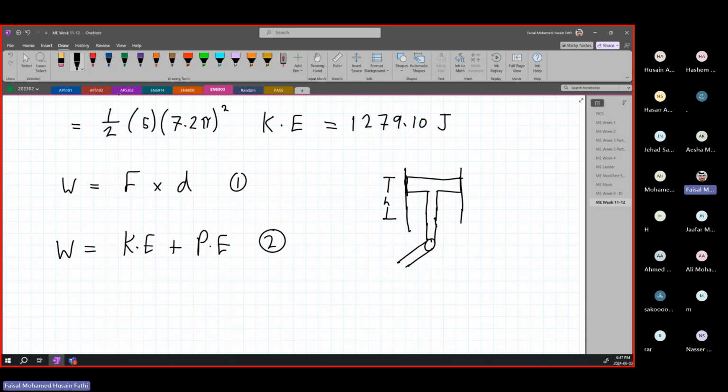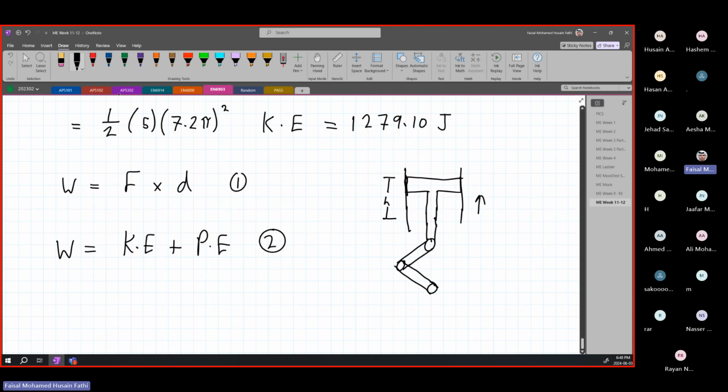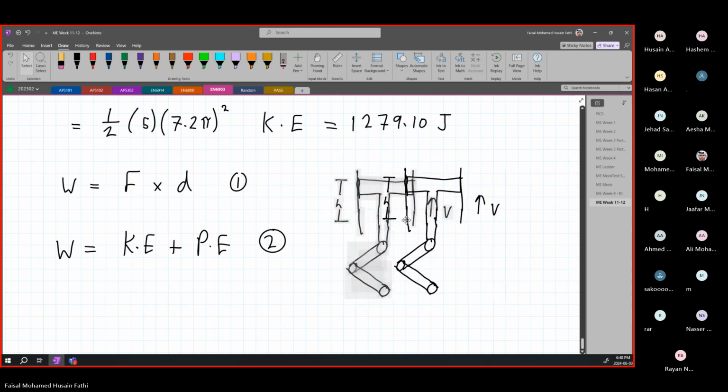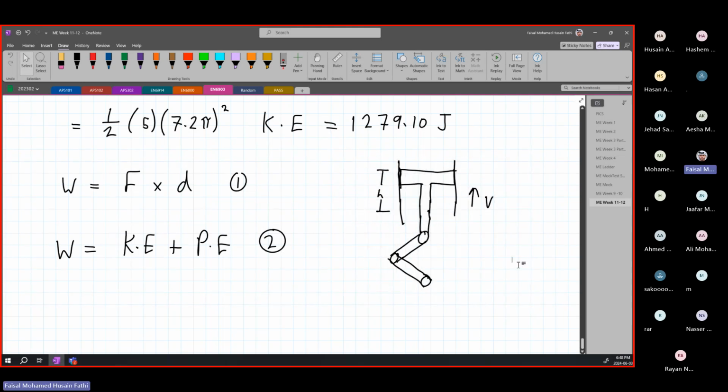This is what it looks like. Okay, and it also has a velocity, so it has both a height and a velocity, because remember, this piston is moving up and down. It keeps going up and down, meaning that we have both kinetic and potential.